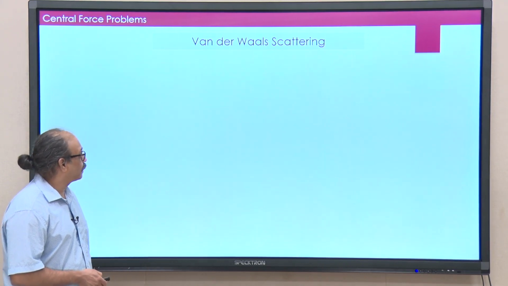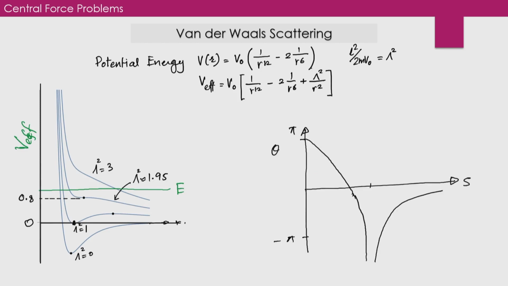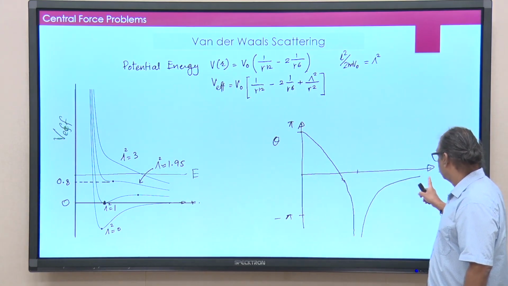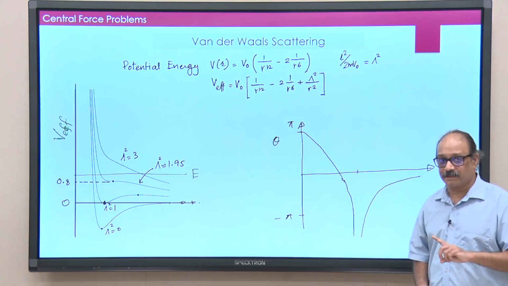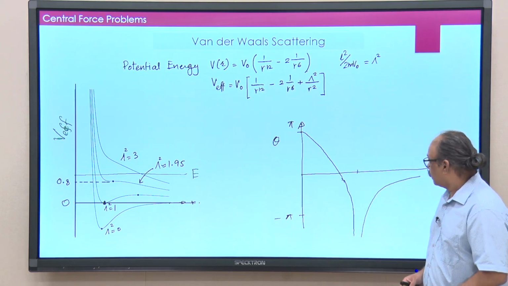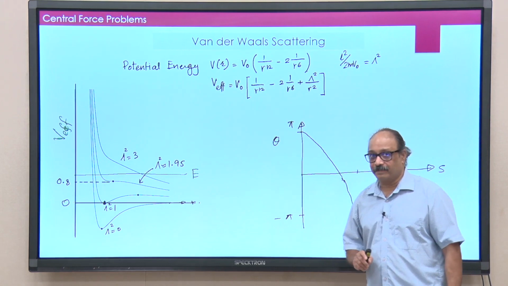For one particular case, I may want to look at that one. So, this part looks similar to the previous example, which is minus 1 over r to the power 4. But what will happen if you reduce the impact parameter further?